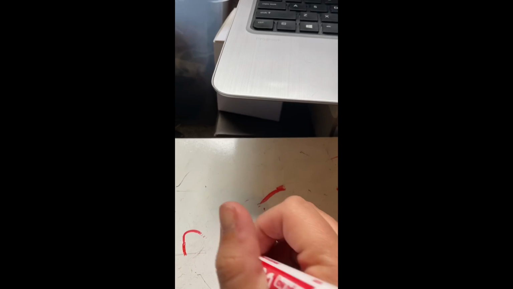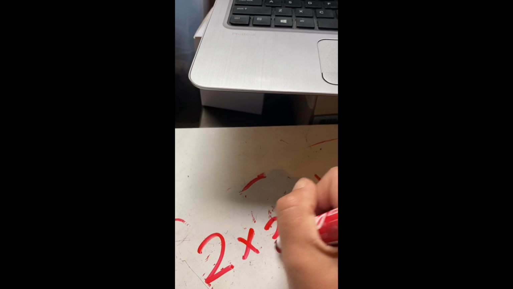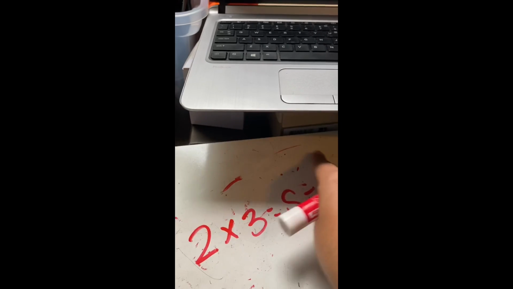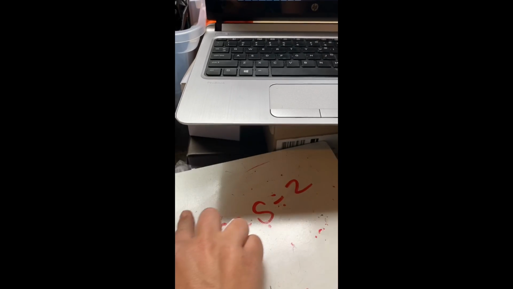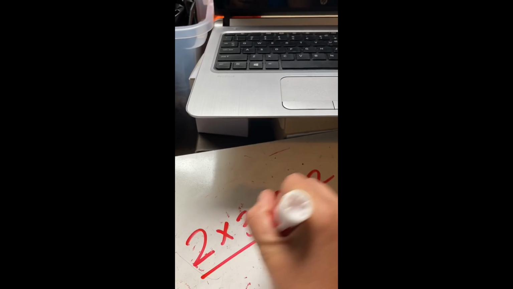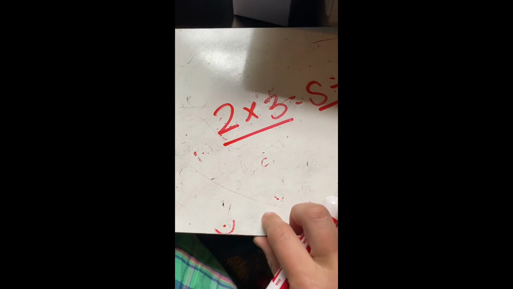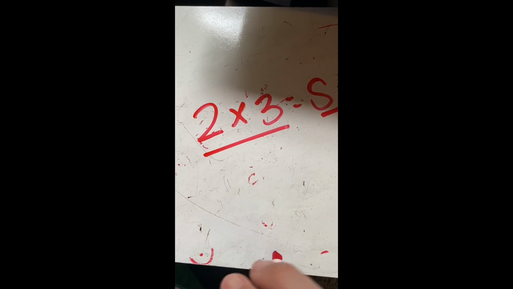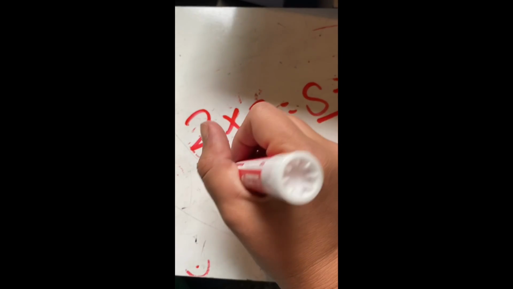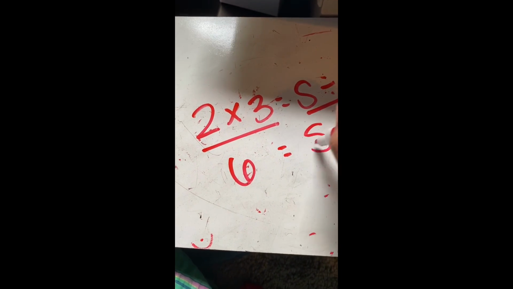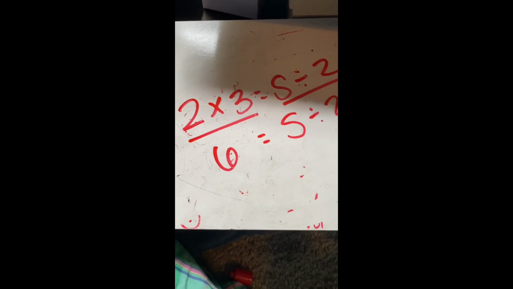Remember, 2 times 3 equals whatever S divided by 2 is. Guys, all they want you to do is balance the equations. They want this side to be the same as this side. So what is 2 times 3? 2 times 3 is 6. So all that means is 6 equals S divided by 2.